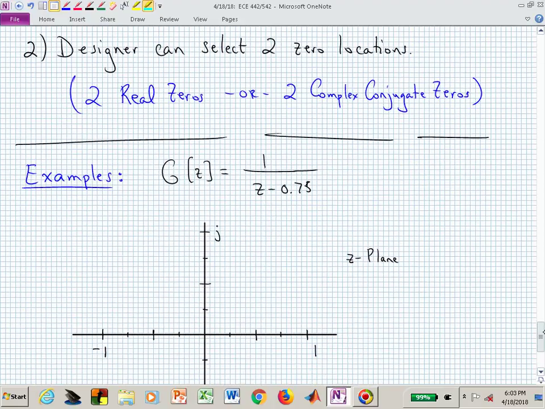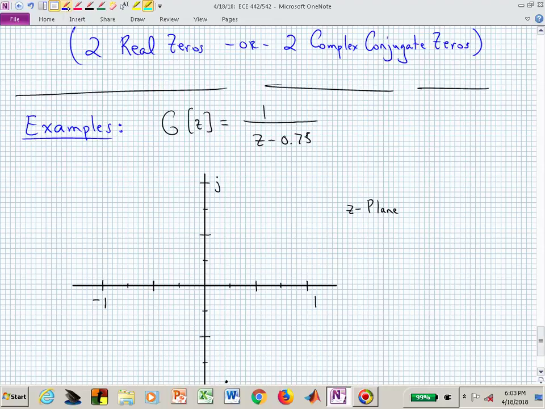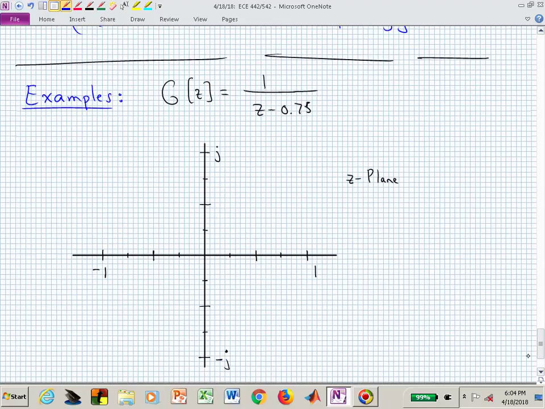Let's now use that to look at a particular example. So suppose somebody gives you a G of z of 1 over z minus 3/4. That's about as basic of a problem as you can have given to you.